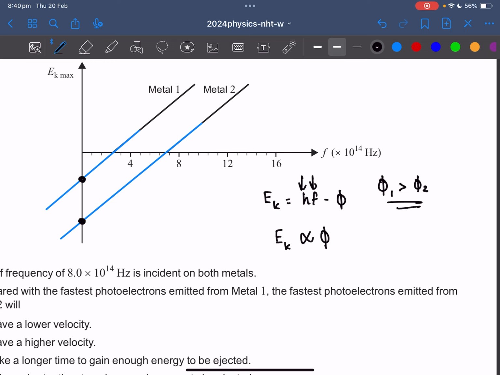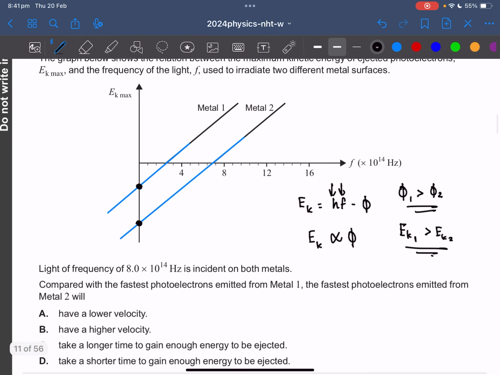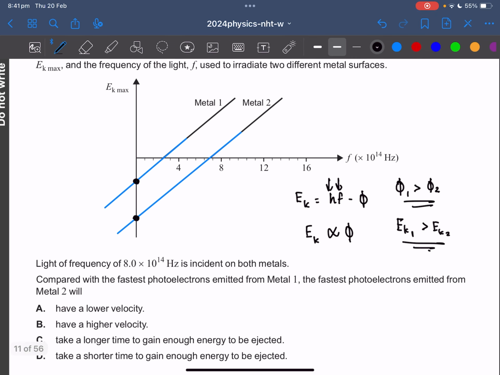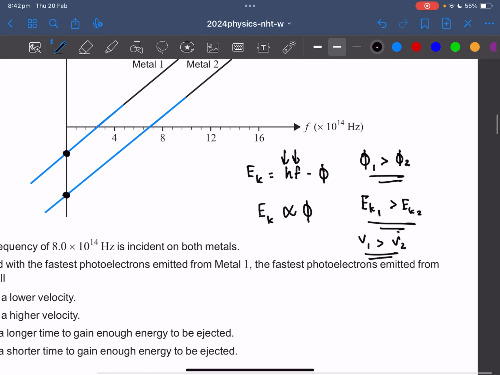And if that's the case, then EK of metal 1 has to be greater than EK of metal 2, right? So if the energy of metal 1 is greater than the energy of metal 2, then the velocity from metal 1 would be greater than the velocity of metal 2. So v1 has to be greater than v2 as well, right? Does that make sense?